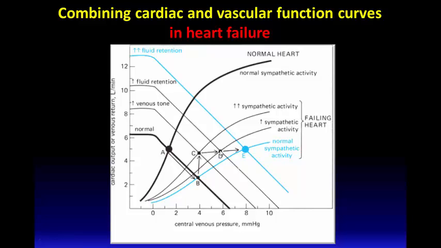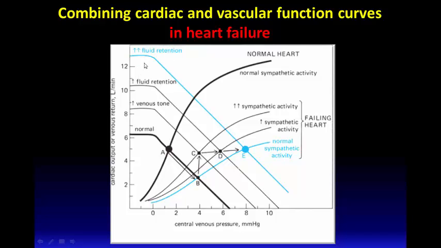Hence, this compensatory mechanism, which is fluid retention, is not actually that beneficial to the failing heart, because it didn't lead to increases in the cardiac output or the venous return, but it results in an increase in the right atrial pressure.